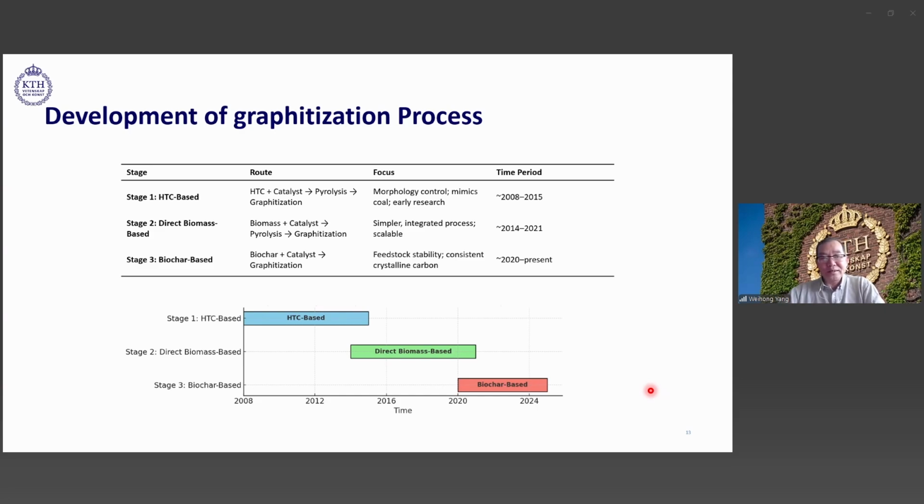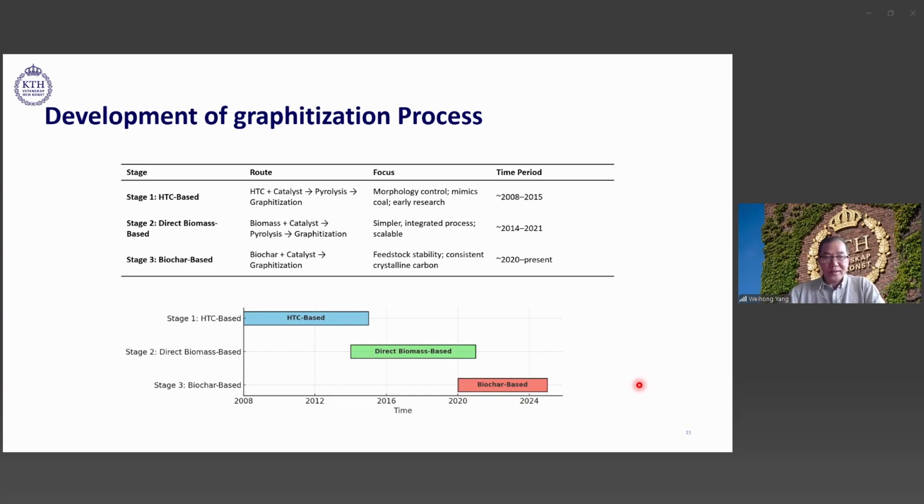That was the main step. Five to ten years later, people thought, because HTC, hydrothermal carbonization, is quite a long process, also batch type, high pressure, why not try direct biomass-based research? And today, almost everyone focuses on the biochar-based approach.